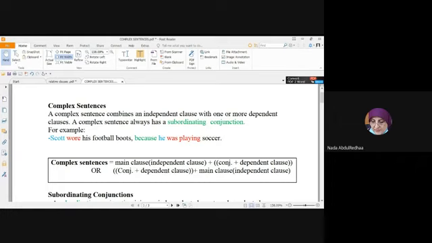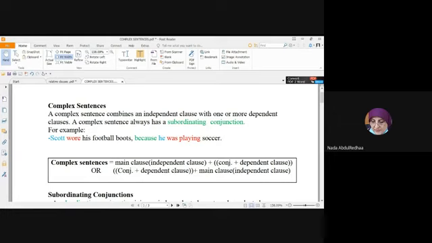In some types of subordinating conjunction, we can change the places of the clauses. We cannot do this with all types of clauses within complex sentences. With the clause that we are going to deal with today, we can do this. We can move the conjunction and dependent clause to the beginning, and then we have the main clause.